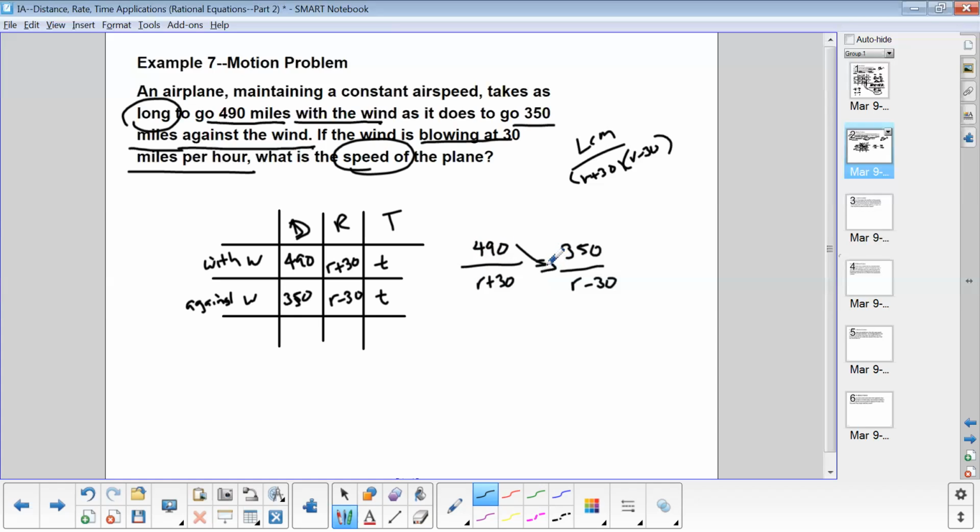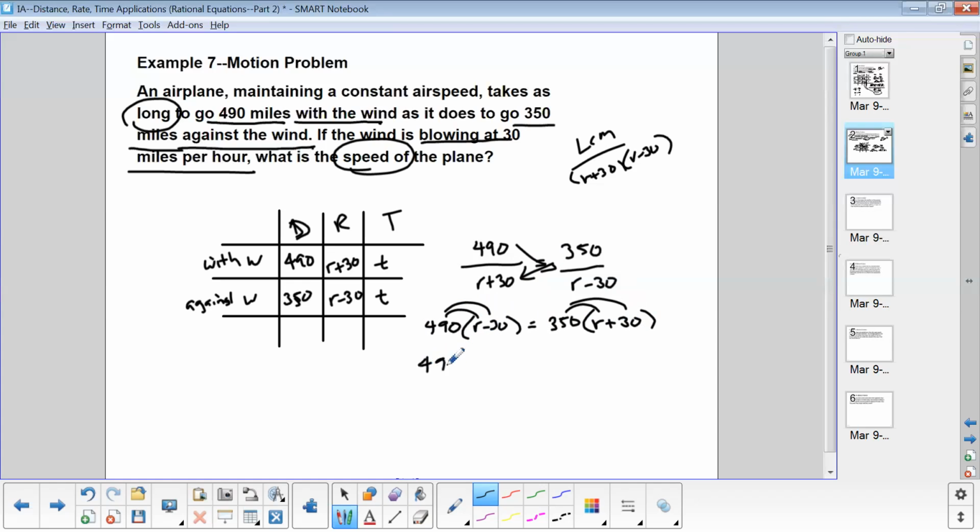So I'm just going to do some cross products here, and I'm going to get 490 times R minus 30 is equal to 350 times R plus 30. So you just want to distribute to simplify.